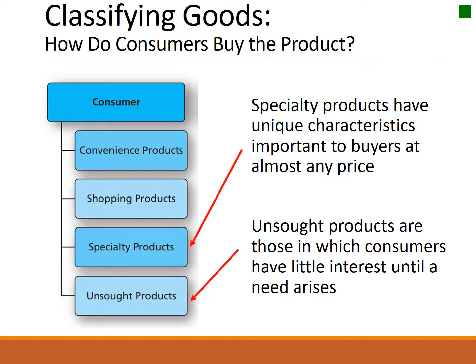So the classic example of this is perhaps an insurance product where somebody knows they should probably have insurance, but they really don't know how much or why, and they really don't want to buy insurance, but it's not something that they're going to seek out naturally because they either don't know they need it or they don't really want to jump in and buy that product.